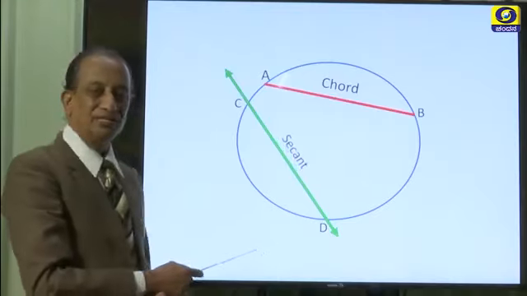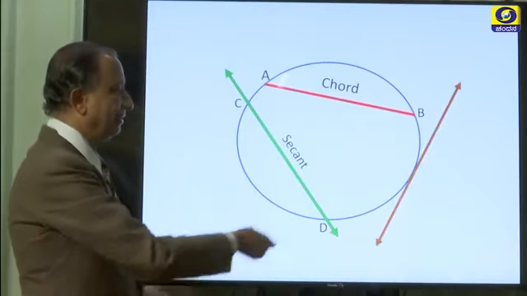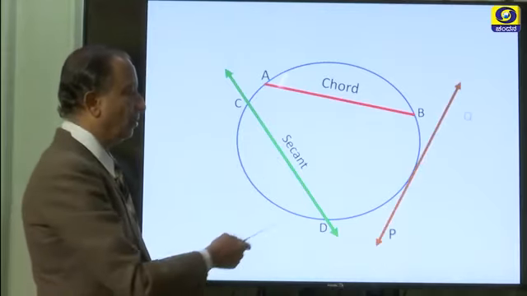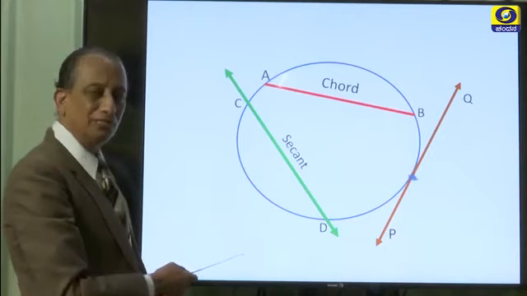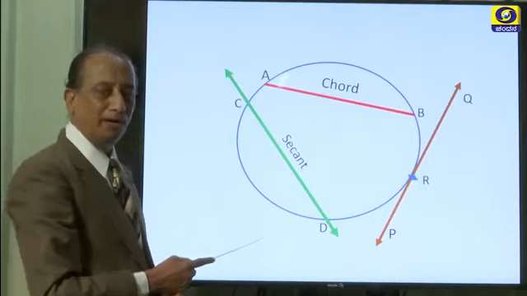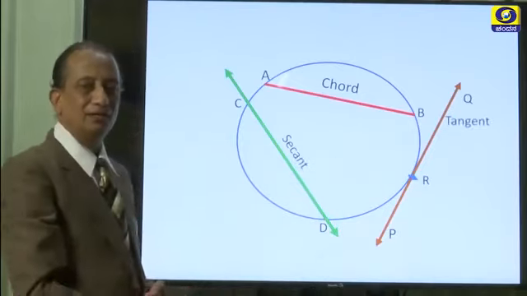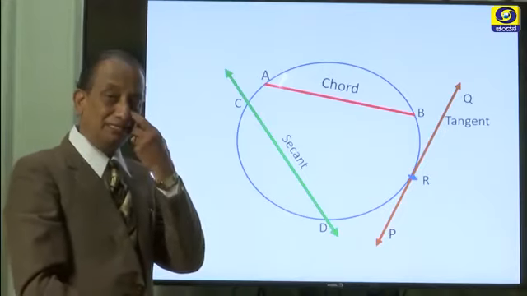It is called a secant, S-E-C-A-N-T. Here is another straight line called say PQ, which is touching the circle at only one point. Here it is R, and this straight line is called the tangent.